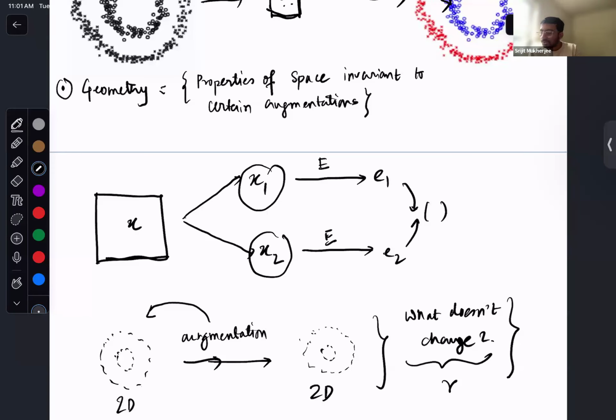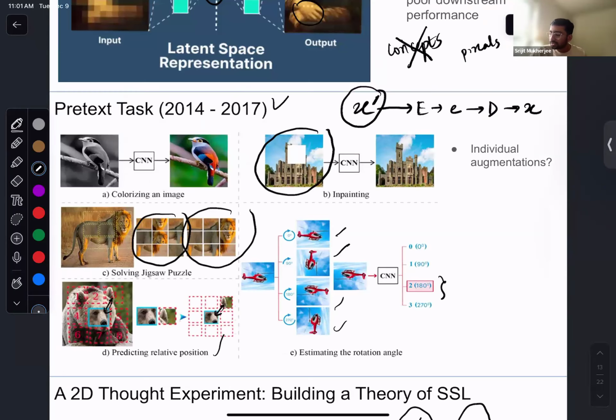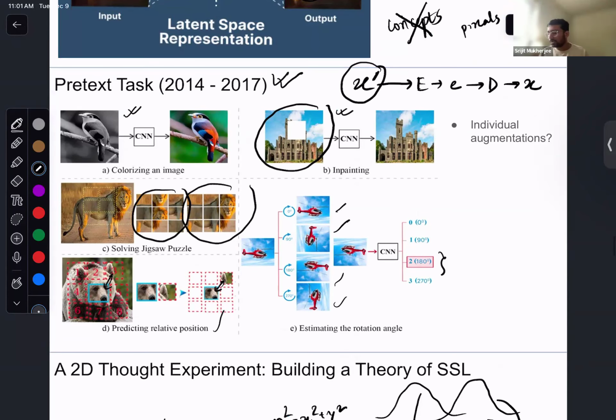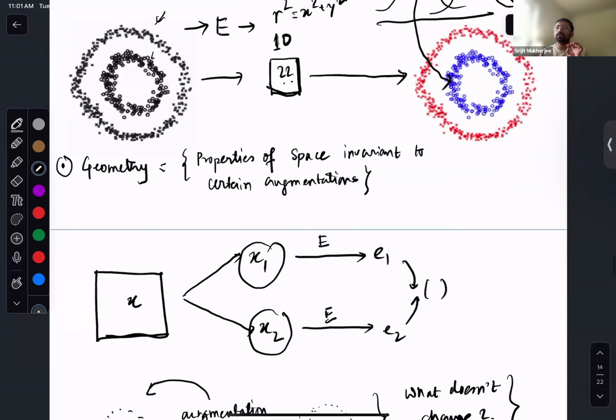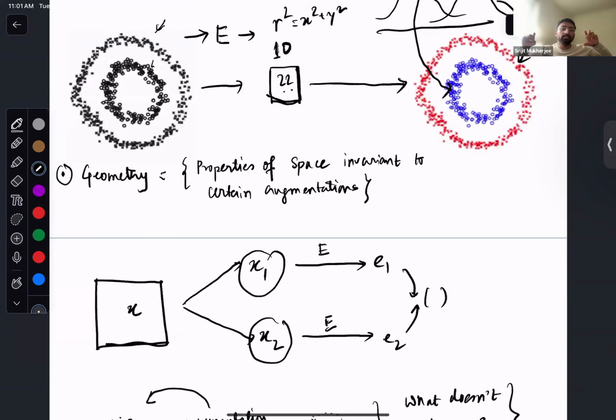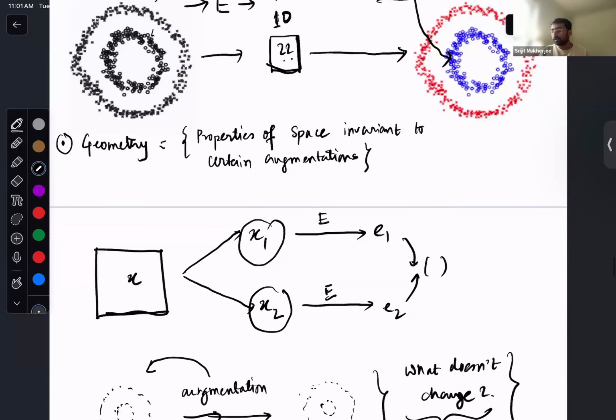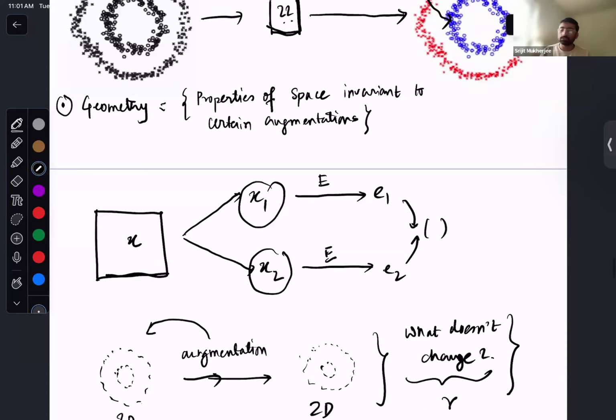So in image, in the pretext task, they chose augmentations like coloration, masking, and rotation. Those augmentations should be specific to the domain, the dataset of image. For text, it will be a different augmentation altogether. So that's where the geometry, the data information is coming out. So you have an image, you have two augmentations, and those augmentations' encoded features should come together. That's where the invariants come in.